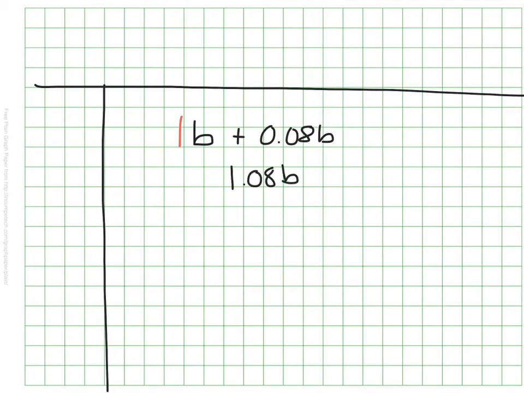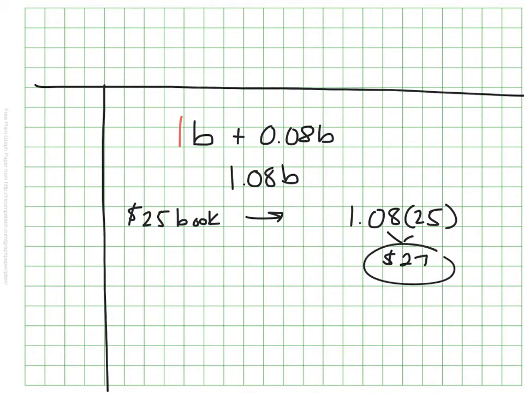And then whatever the price of the book is, I can substitute that in and solve. So if there was a $25 book, I would just say, oh, I have to pay 1 and 8/100ths of $25, and I would just simplify that down, and that would be 27. My total price of the book would be $27.